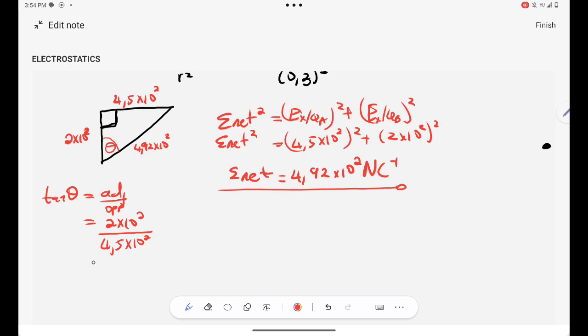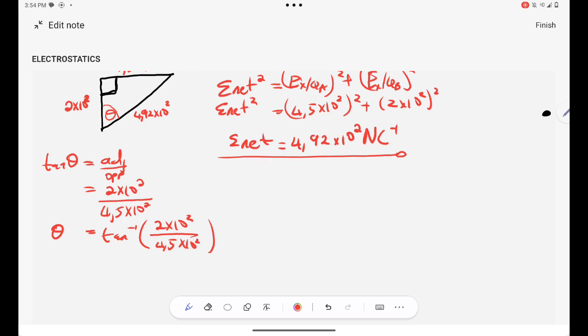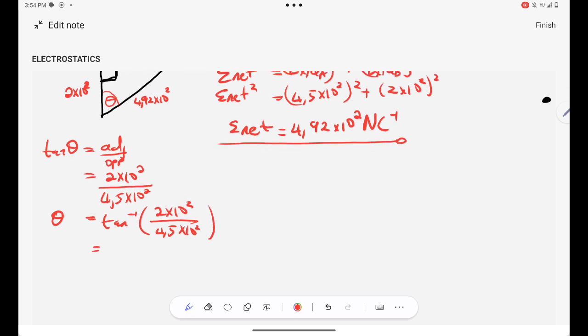Then the angle theta will be the inverse tan of 2 times 10 squared over 4.5 times 10 squared.